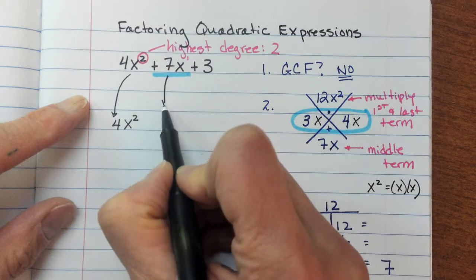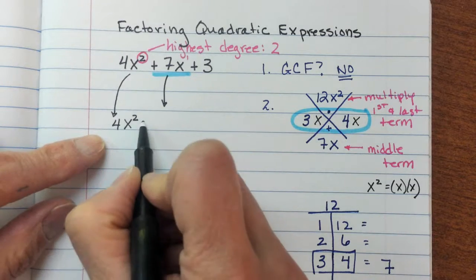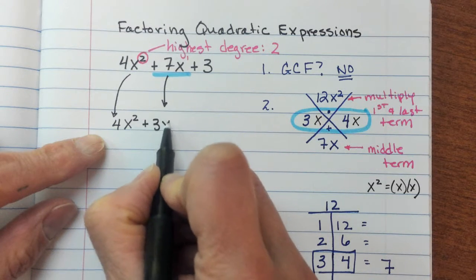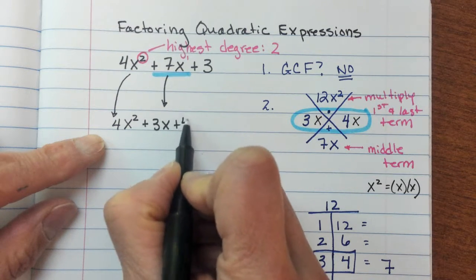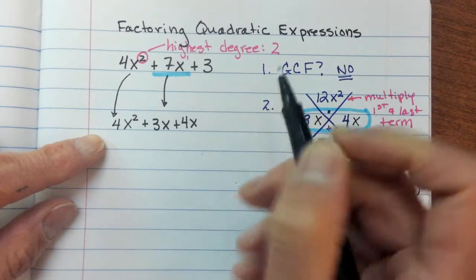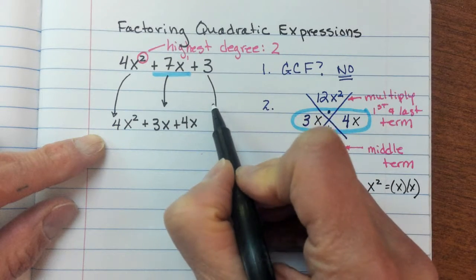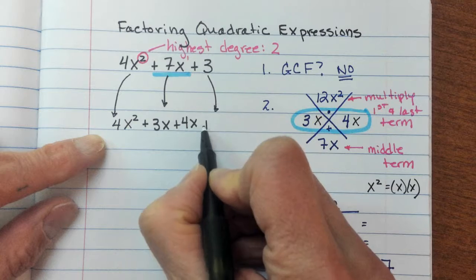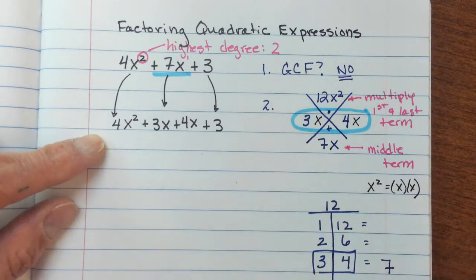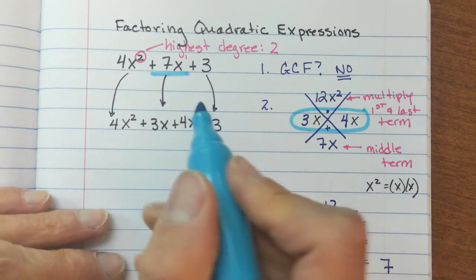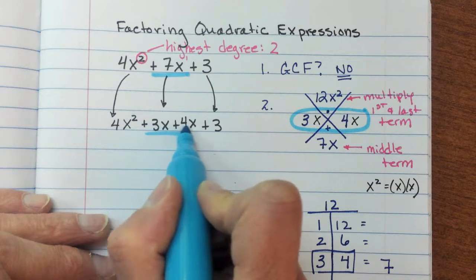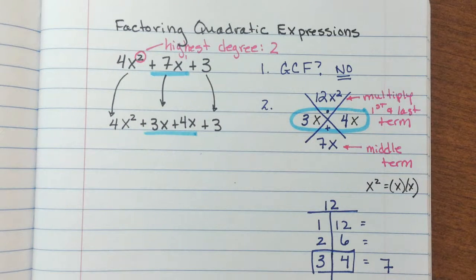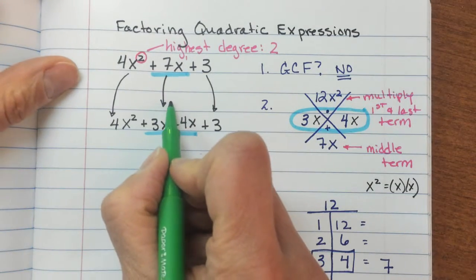This gets replaced with 3x plus 4x, and then this comes down as plus 3. Let me highlight this here so that you can see that that's the same thing as 7x. So now what I'm going to do is factor by grouping.